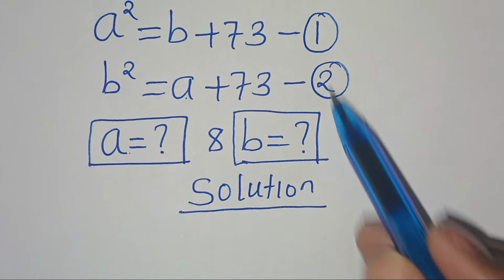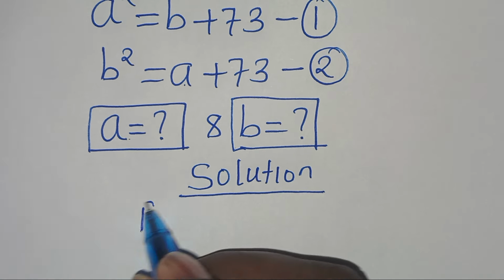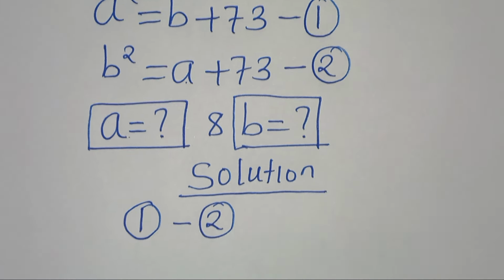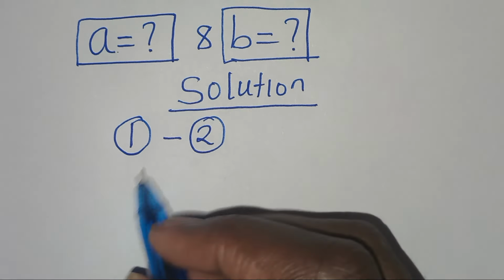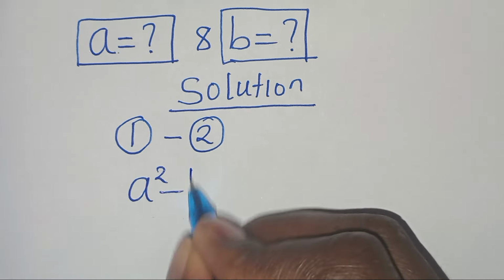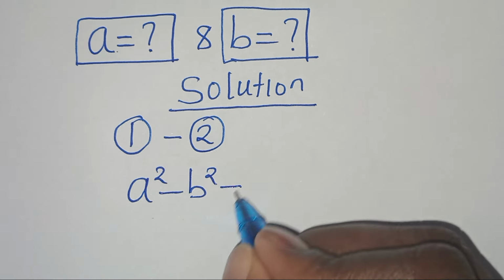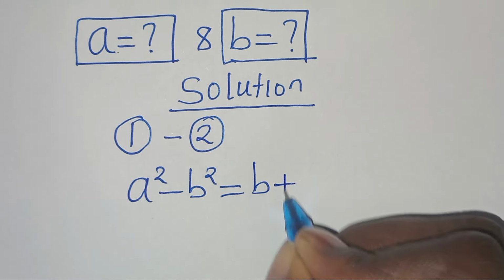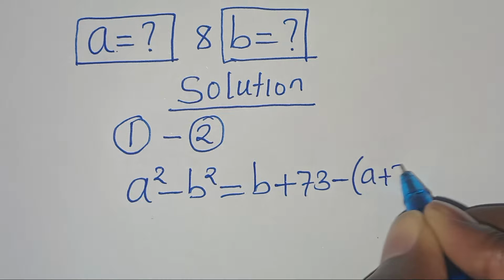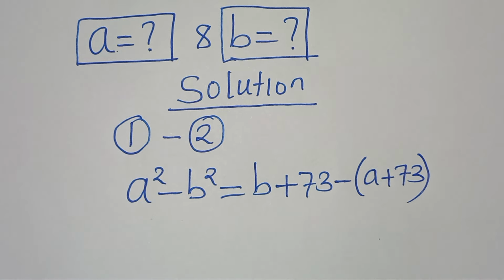So the first step to do here, let's subtract equation 1 with equation 2. So now we have a squared minus b squared, this is equal to b plus 73 subtract a plus 73.